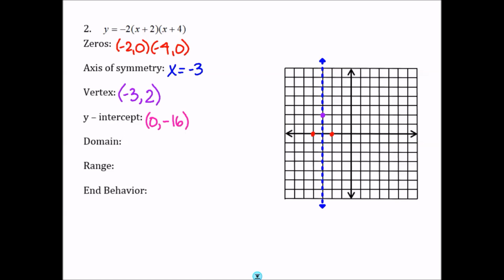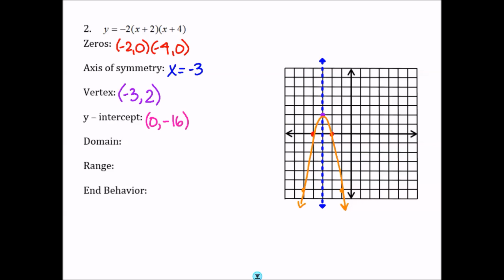So then I'll fill in the rest of the points before I figure out the domain and range. Since a is -2, I know from the vertex I need to go over 1 and down 2, which I have. Then usually you go over 2 and down 4, but I need to double that and make it down 8. So I can go ahead and sketch my parabola.